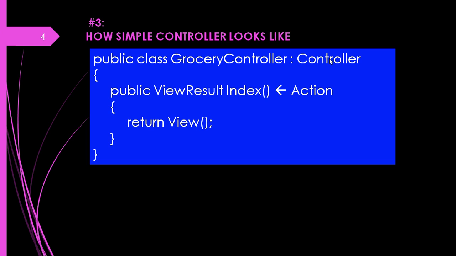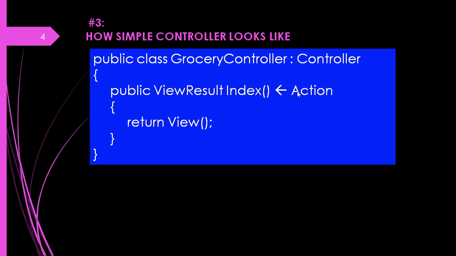What is the role of a controller? A controller responds to the incoming request, that is, a method in the controller will be invoked when a request is received, and that is called an action method. Here you can see ViewResult Index. This ViewResult is the return type for the Index method. So the Index method is the action, right?